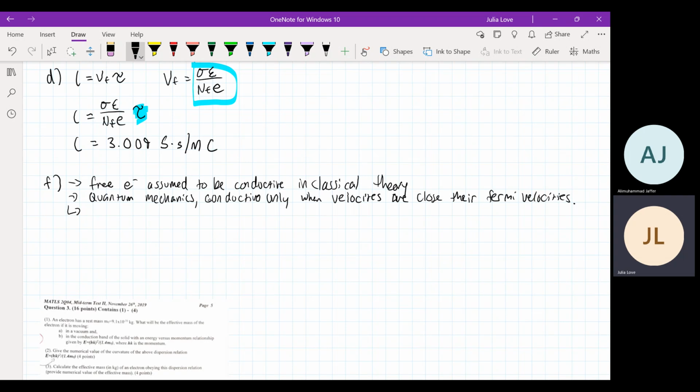And so it's just because they're most dense closest to that Fermi energy. And the increase in energy will make them more conductive due to this density.